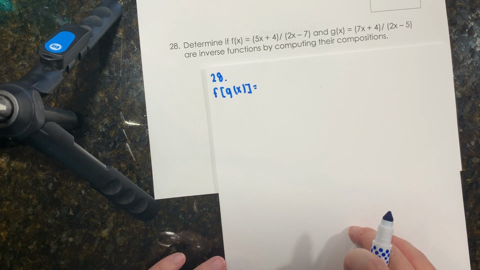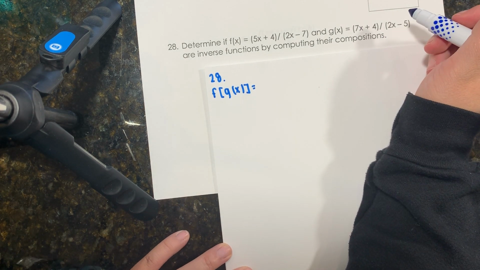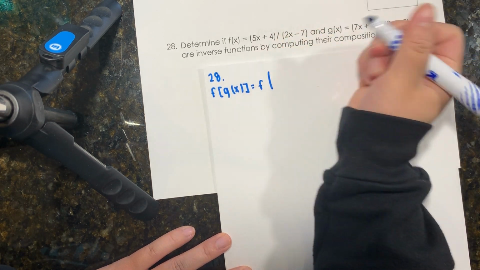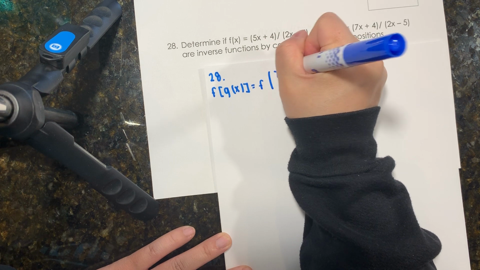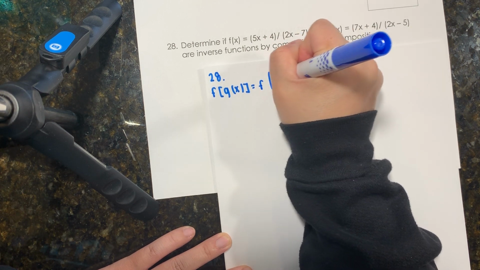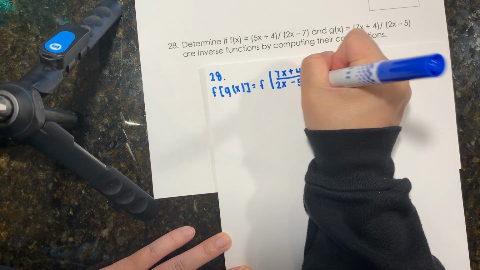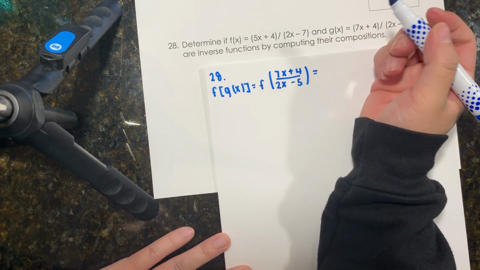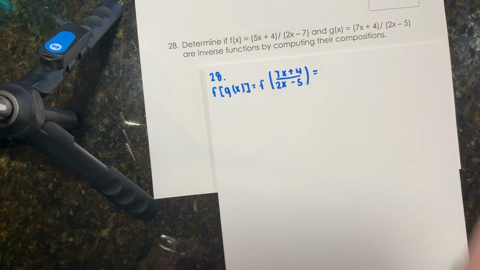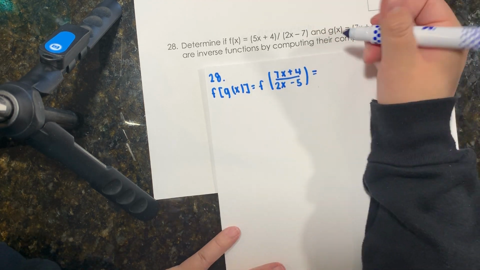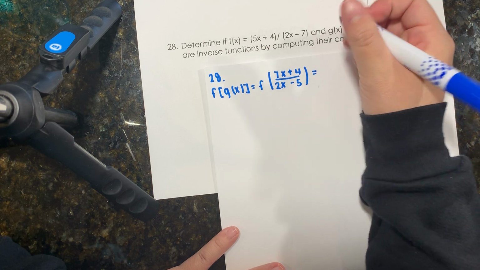I know what my g of x function is equal to. It's 7x plus 4 over 2x minus 5. So this would become f of 7x plus 4 over 2x minus 5. And I'm going to plug this into the f function. So wherever I see an x, I replace it with this entire function, which makes it quite complicated.